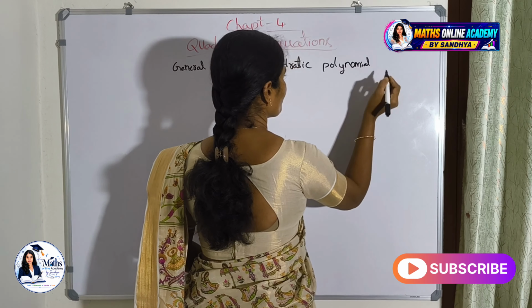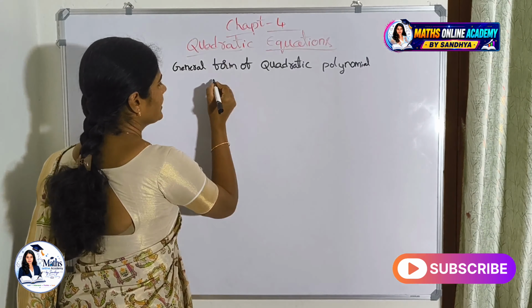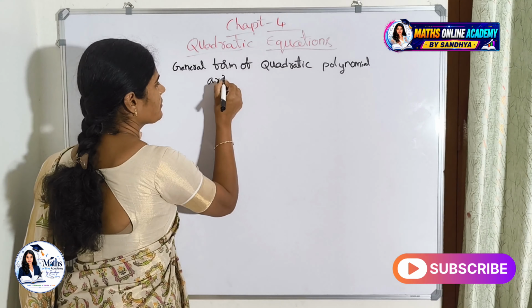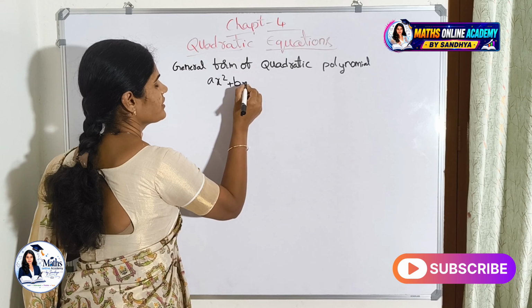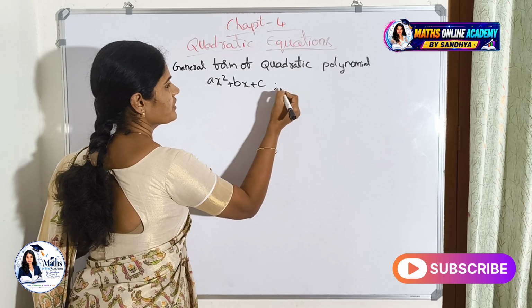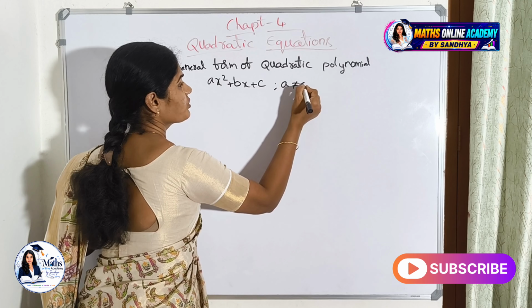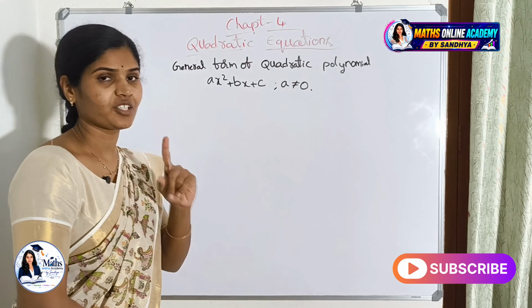What is the general form of a quadratic polynomial? ax square plus bx plus c, and one more thing, a not equal to 0. This is the main condition. When the polynomial is equal to 0, that is the quadratic equation: ax square plus bx plus c equal to 0, and a not equal to 0.